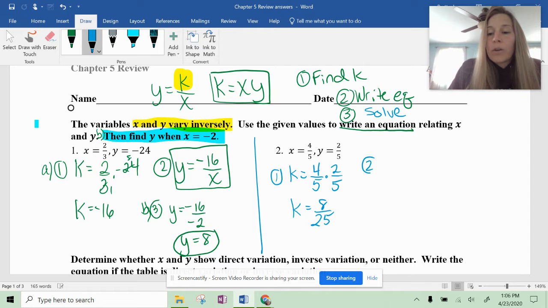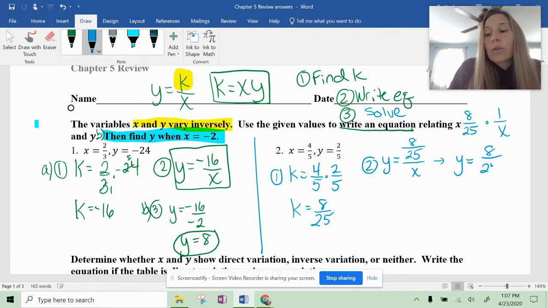So when we go to write the equation, we have Y equals 8 over 25 over X, and that kind of looks a little bit weird, right? So if you think about it, if you were doing 8 over 25 divided by X, you're really multiplying it by 1 over X. So that's just going to be 8 over 25X.